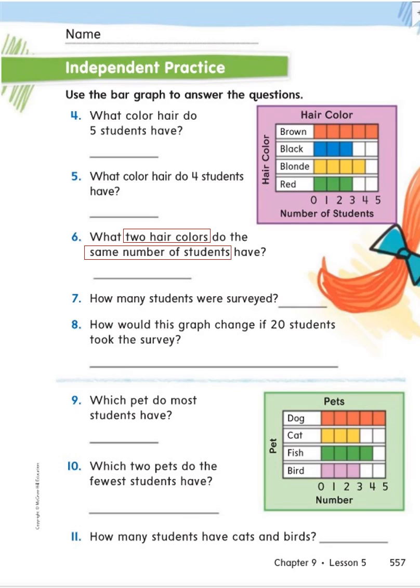Number 5, what color hair do 4 students have? And again, you don't need me to give you the answer here. Number 6, you need to be careful with. What 2 hair colors do the same number of students have? Ooh, 2 hair colors, the same number of students.